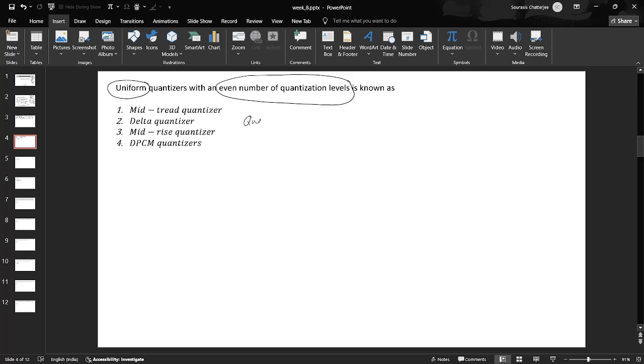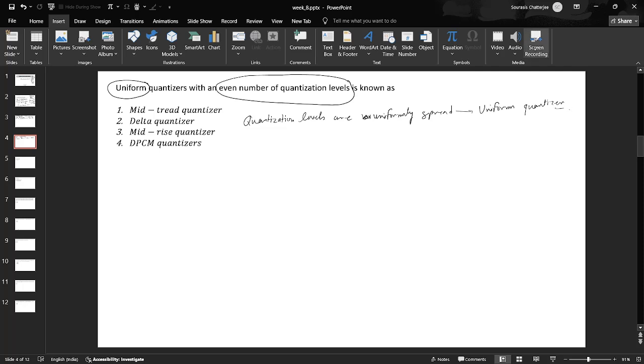When your quantization levels are uniformly spread, that is what you call a uniform quantizer.